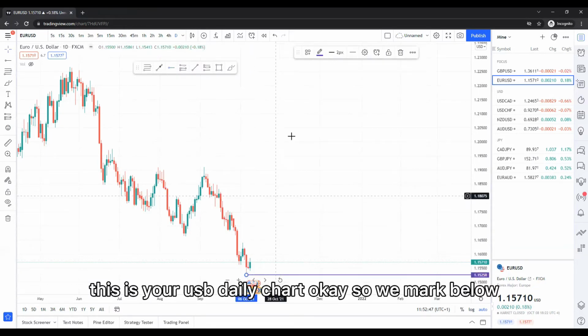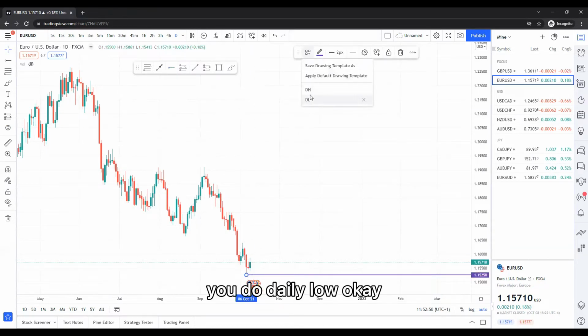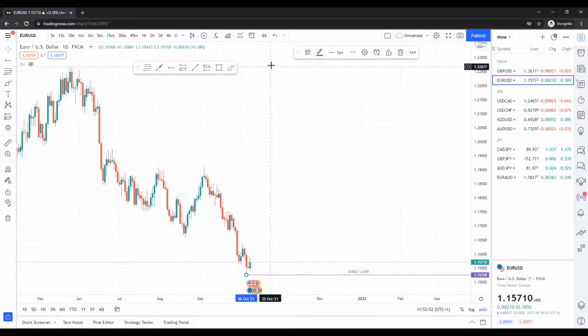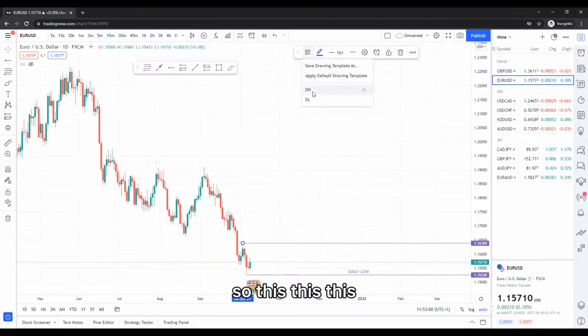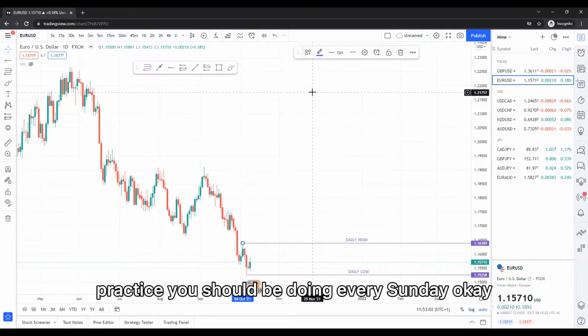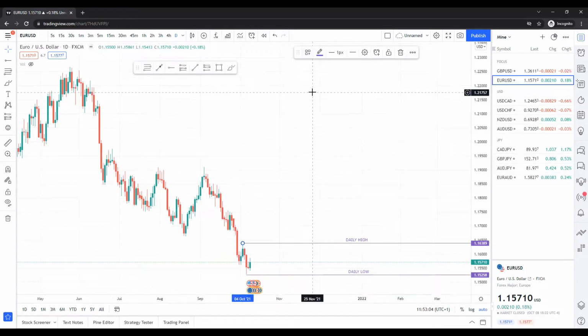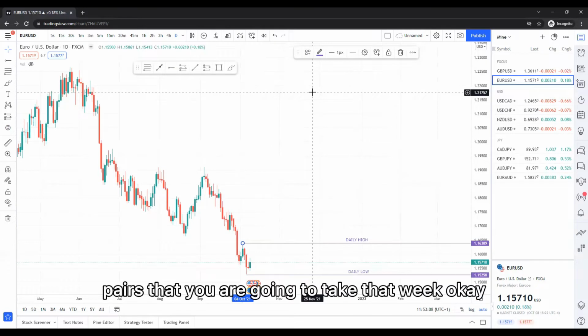You mark the daily low, then you go here and mark the daily high. This practice you should be doing every Sunday, every Sunday for the pairs that you are going to trade that week.